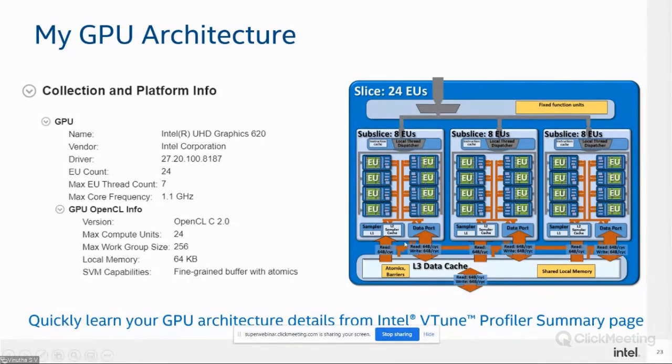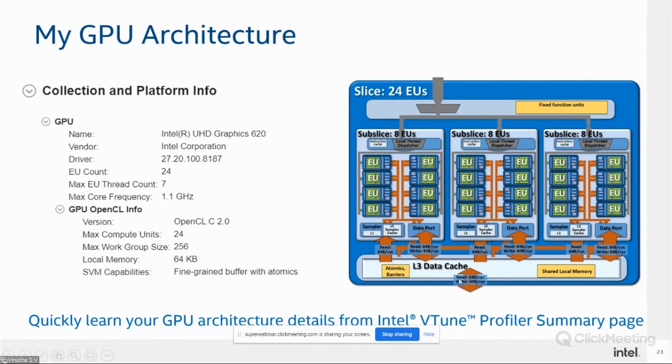Each sub-slice will have its own L1, L2, and they will have access to the shared L3. And this L3 will have something like shared local memory, which is a smaller memory, comparatively of higher speed compared to L3.